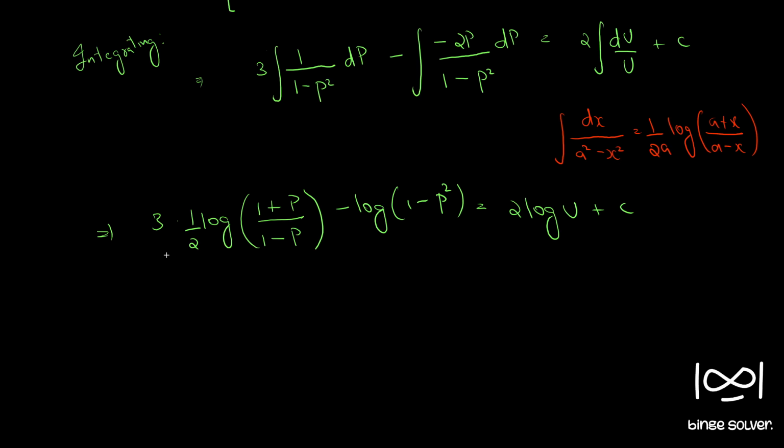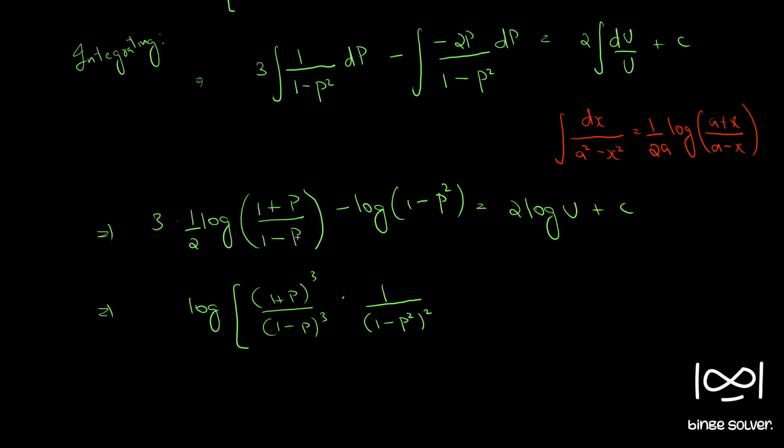If we multiply throughout by 2 and apply the logarithm properties, we have log of (1 plus p by 1 minus p) the whole cube into 1 by (1 minus p square) the whole square.